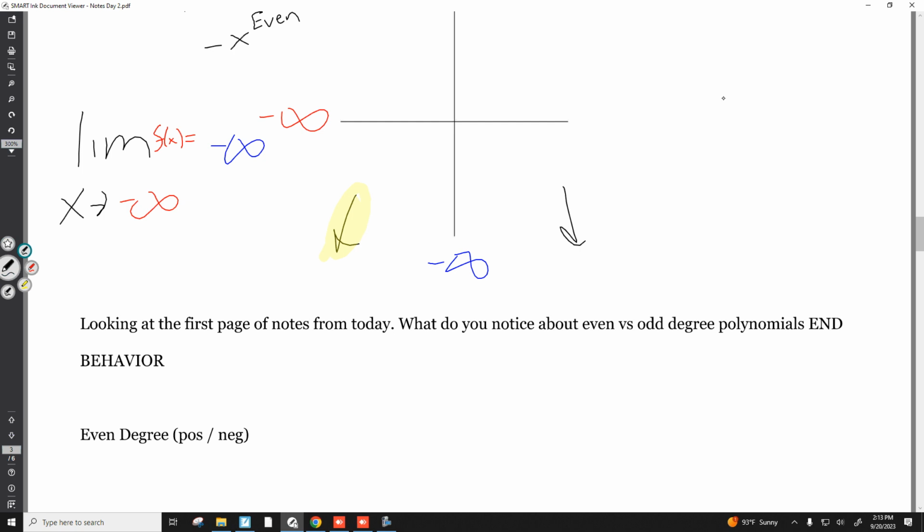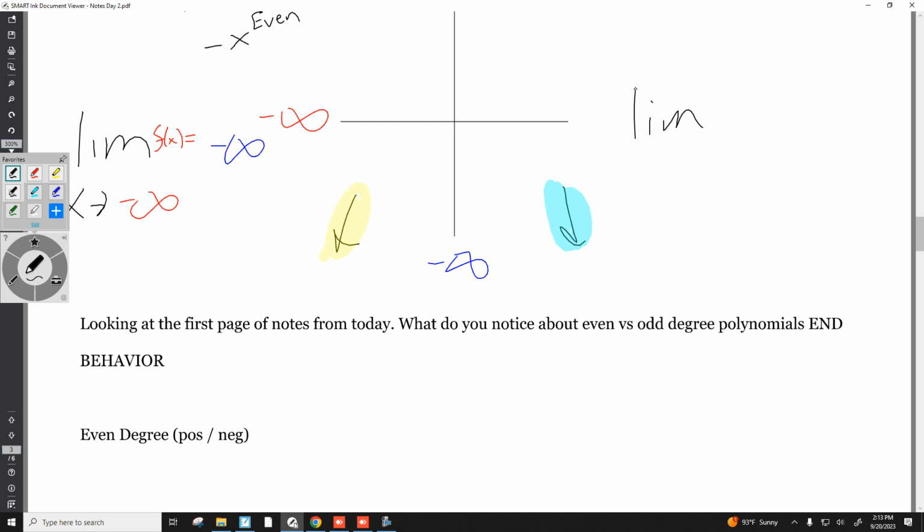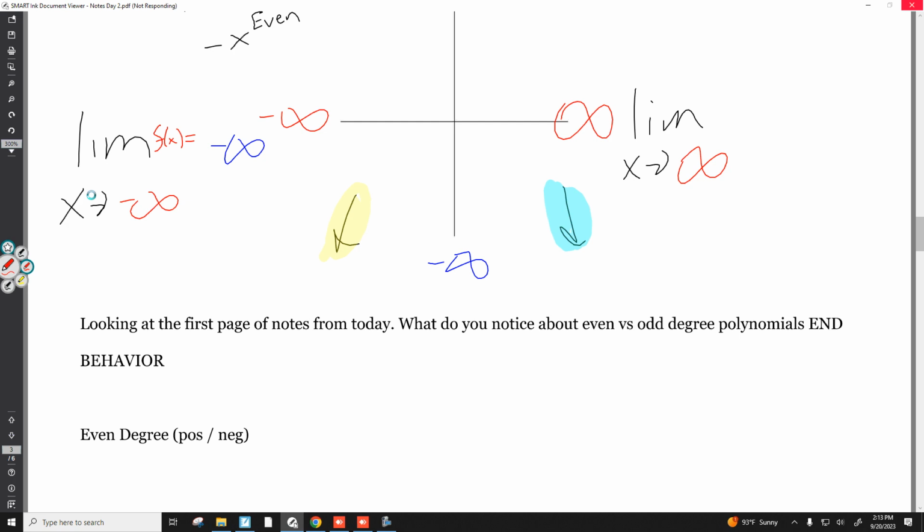To the right, looking at this guy, I would say that the limit, this is a lowercase lim, as x approaches positive infinity, if I go to the right, my f of x would approach, and then we pick the correct infinity for my y.